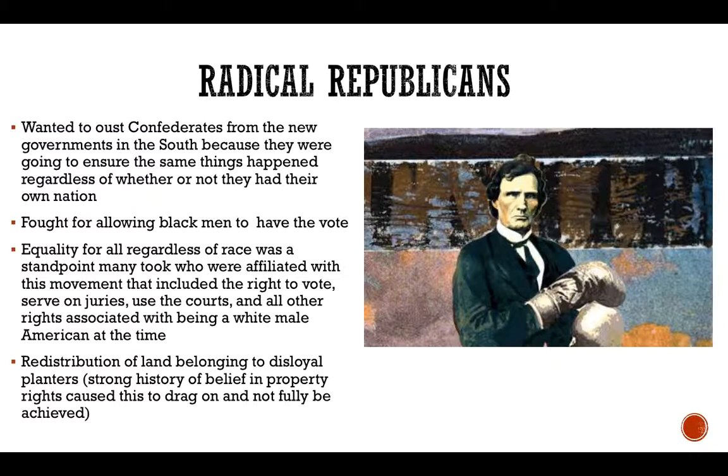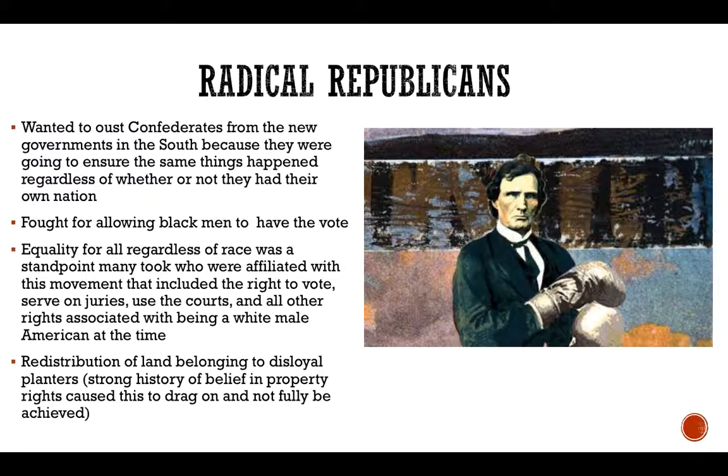And redistribution of land was a common topic for people, because how do you get more land divided up for people if you don't necessarily want to move west or don't have the ability to move west? So redistribution of land belonging to disloyal planters was controversial, but it did start to happen.